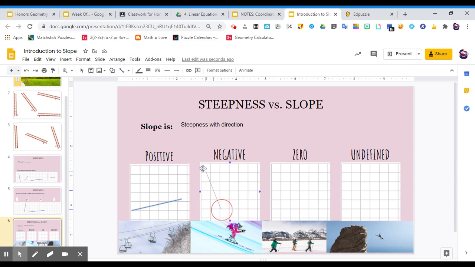If it's going down from the left to the right, it has a negative slope. 0 has no slope, it's flat, like that cross-country skiing picture right below. And undefined is the opposite. He's falling down the cliff. So undefined slope is a vertical slope. Vertical means up and down. And that's it. So steepness versus slope: positive, negative, 0, and undefined. Steepness and slope are almost the same, except slope has direction. All right? Bye-bye.